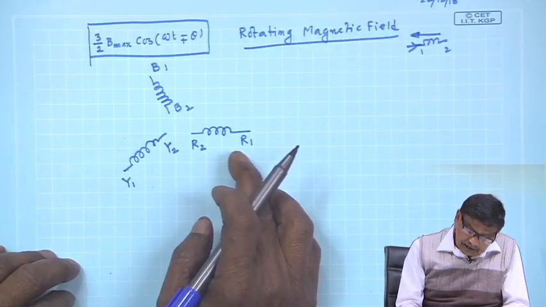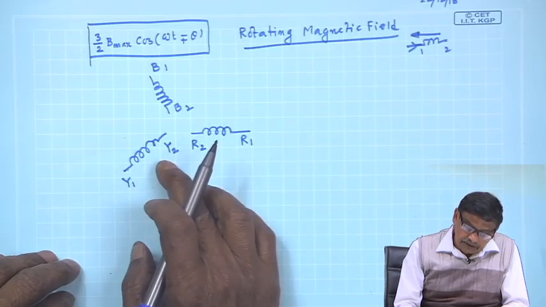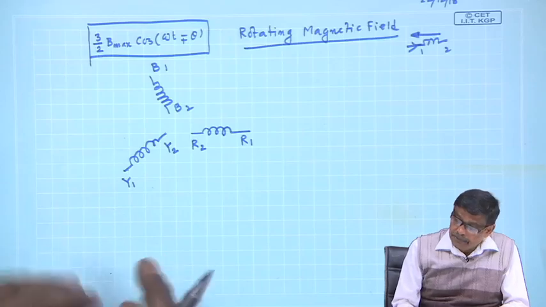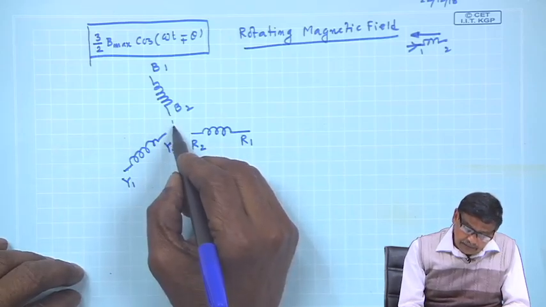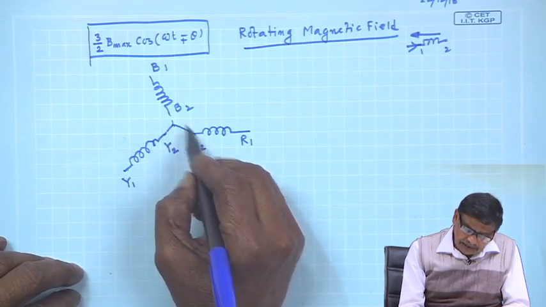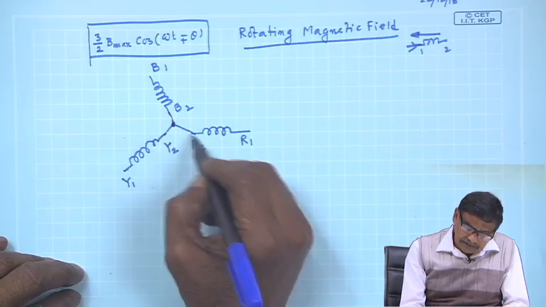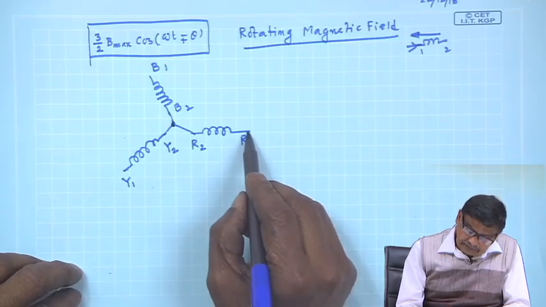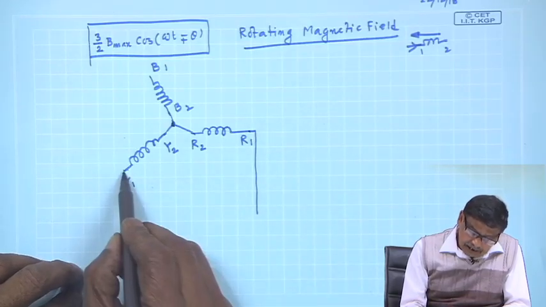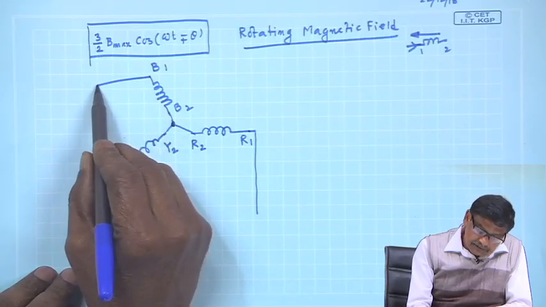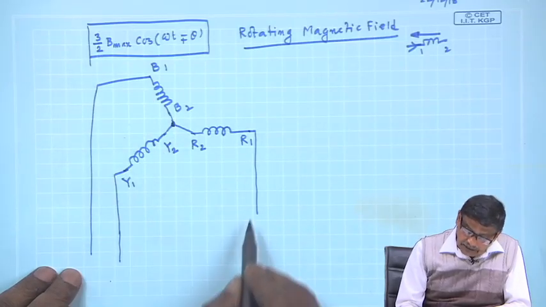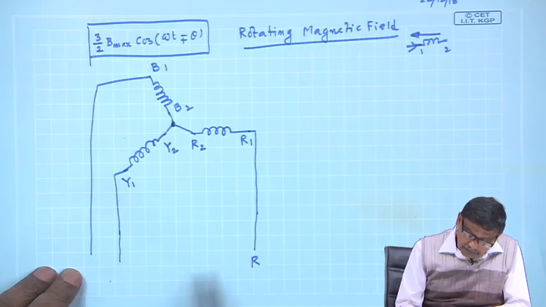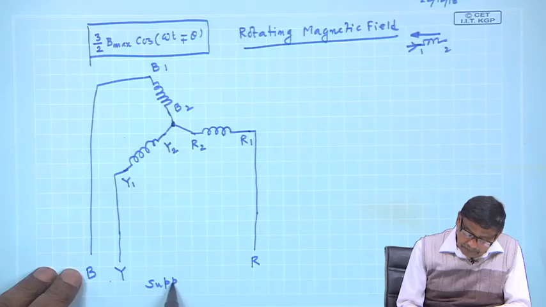So this is R 1, R 2, Y 1, Y 2 and B 1, B 2, separated by 120 degrees. If they are connected in star, R 2, Y 2, B 2 are shorted, and these terminals I connect to a balanced three phase supply with phase sequence R, Y and B.